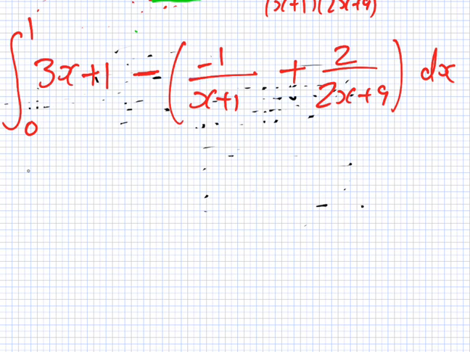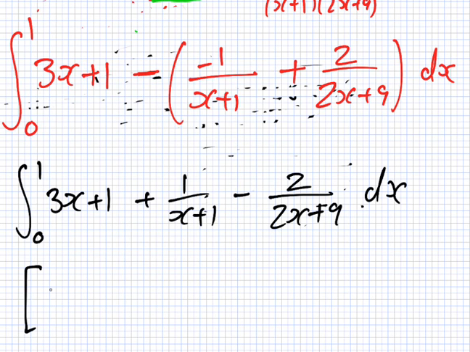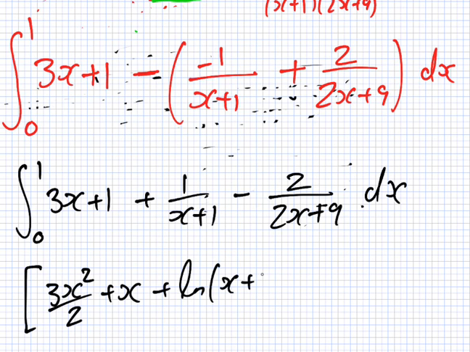Okay, so this is 0 to 1, 3x plus 1 plus 1 over x plus 1 minus 2 over 2x plus 9. You can use the formula book here and you will get 3x squared over 2 plus x plus log x plus 1 minus log 2x plus 9.